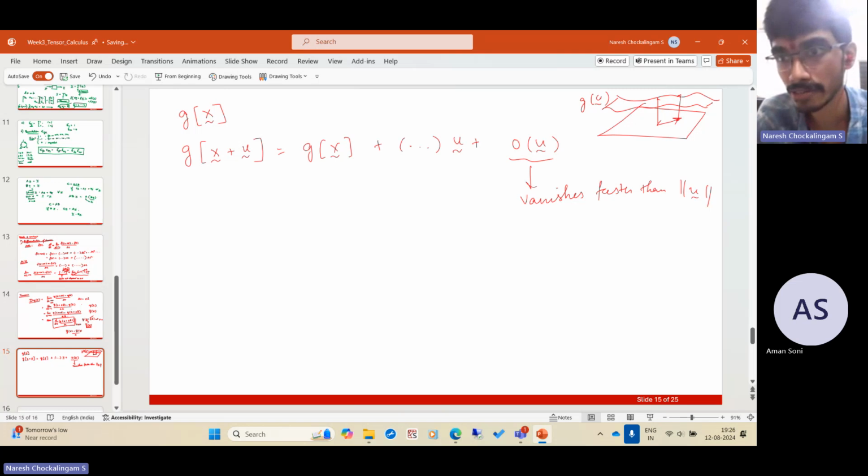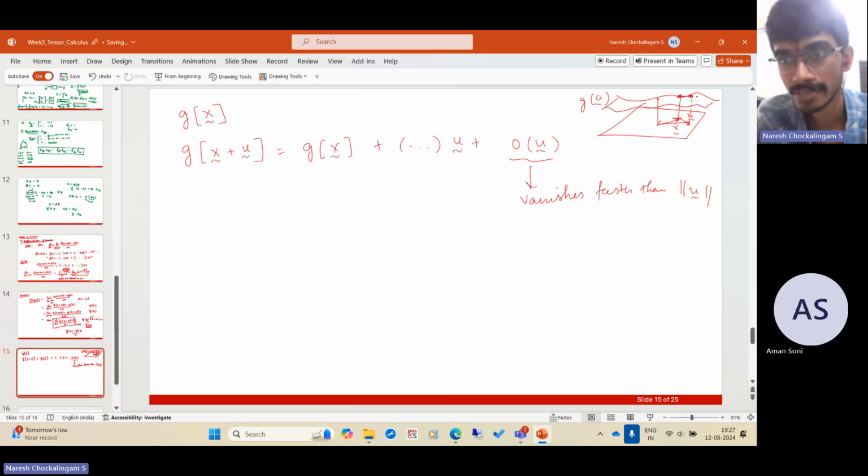How do you find derivatives? You take a point x. At that point, you slightly vary it. From x, you go to another point x plus u. Now look at the function value at that point. So this is g of x, and this is g of x plus u. Connect these two by a line or whatever.